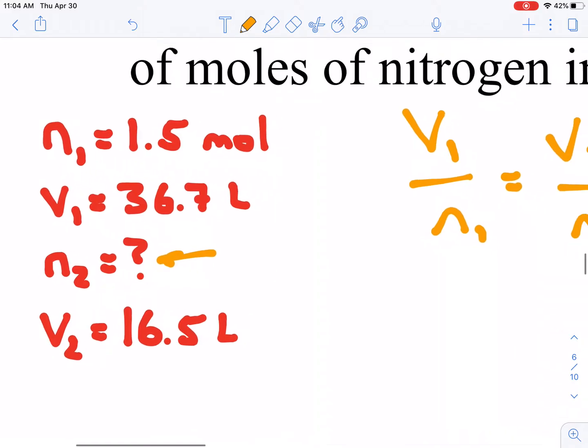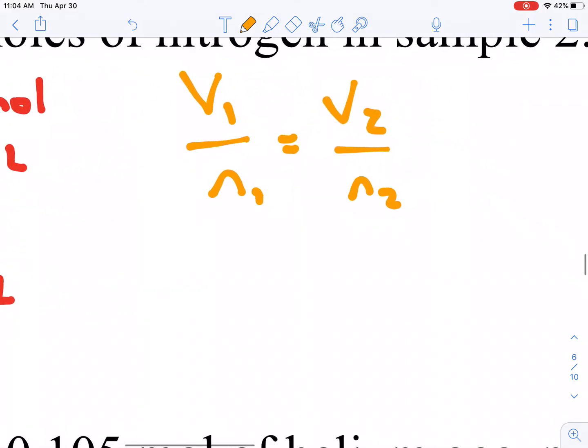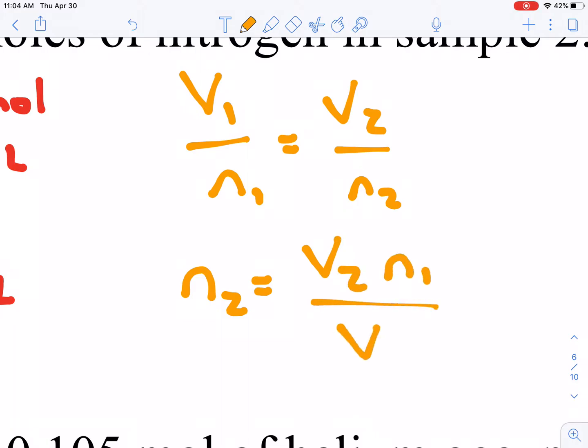And so you can cross multiply and divide, you can do whatever you'd like to do to solve for N2, but ultimately we should end up with V2 times N1 over V1 as our N2.